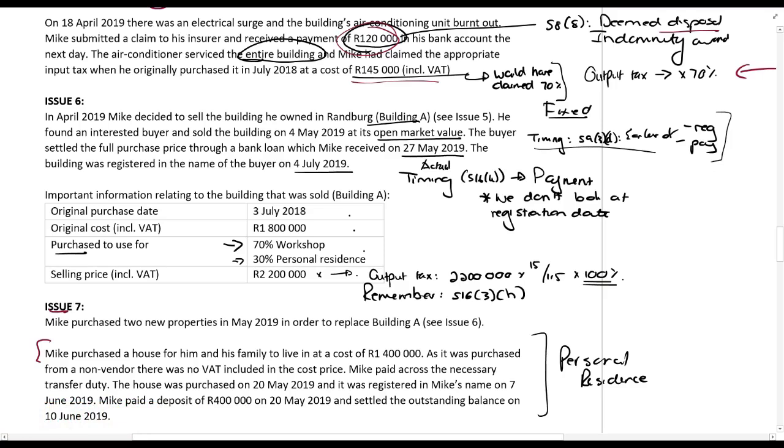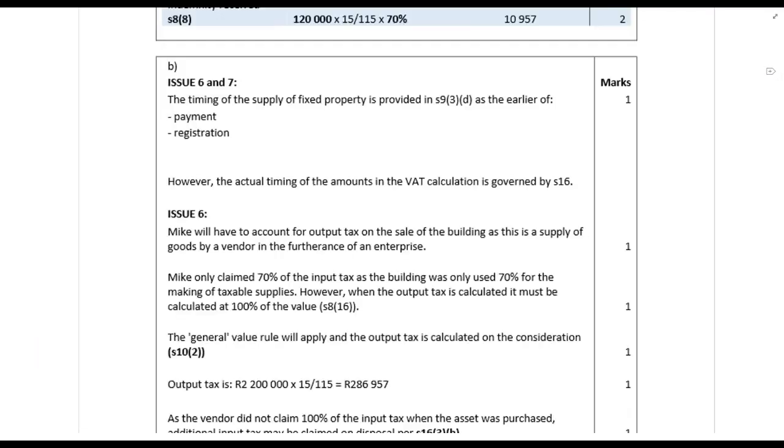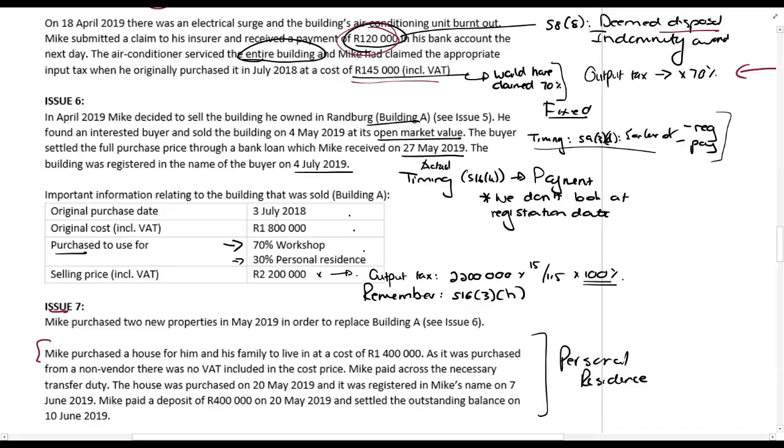But section 16 is the section that tells us when we need to actually claim it or pay it. So the first thing I just want to show you is always put down the time of supply in section 9.3d. But section 16 is the one that overrides it. Okay, so this is in the solution, obviously, guys. Now, when we sell it for 2.2 million rand, we will calculate output tax on the full amount times 100%.